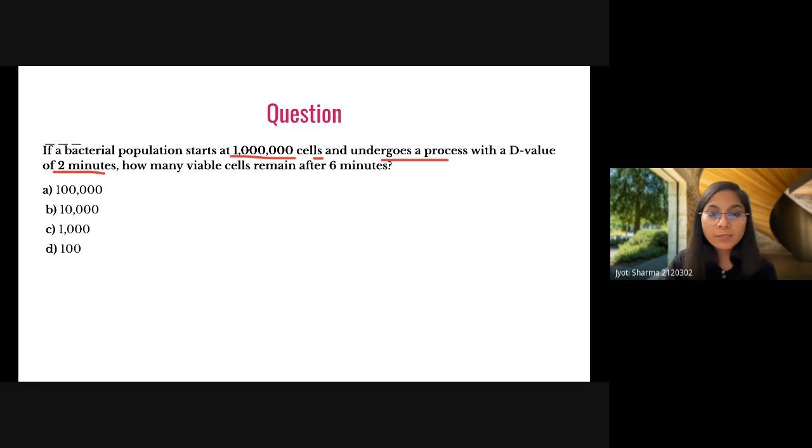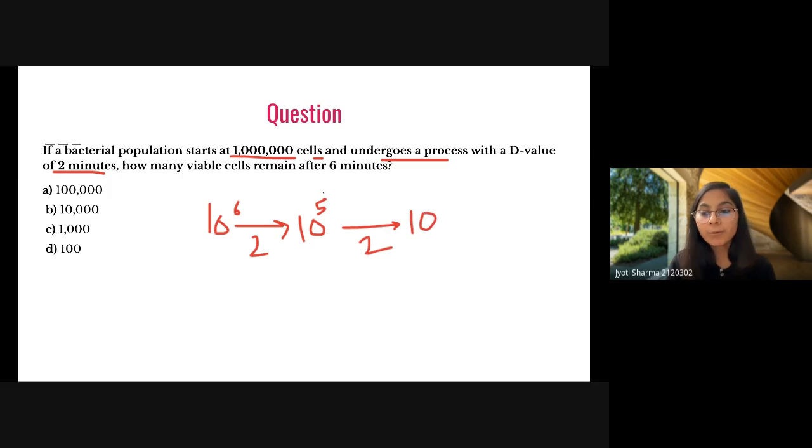So just see here, this is 10 raised to power 6, right? After 2 minutes, this is changing into 10 raised to power 5. Again, after 2 minutes, one log has been reduced, and your number of bacterial cells changes to 10 raised to power 4.